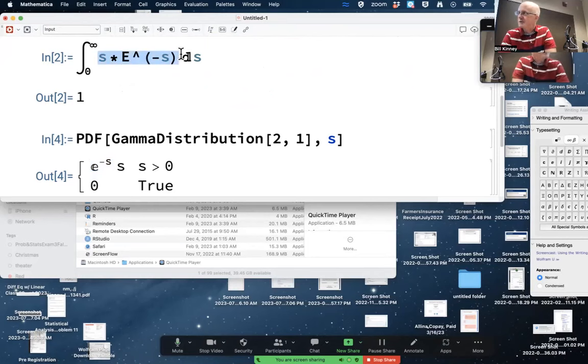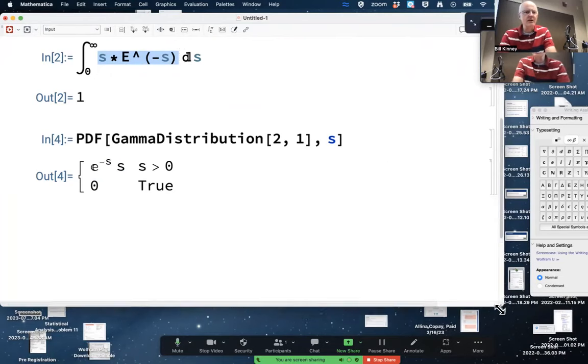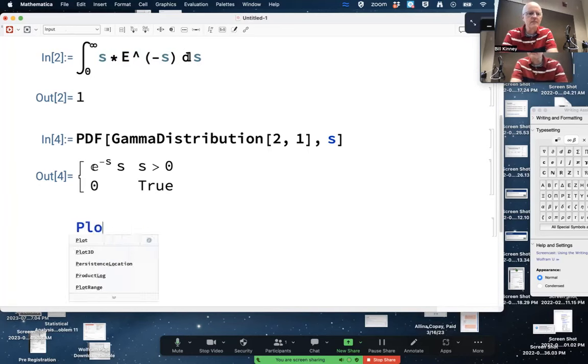It's a gamma distribution, not an exponential distribution. Exponentials have alpha equal to 1. Gamma distribution, alpha equal to 2, beta equal to 1, is the distribution of the sum of 2 exponential random variables. What does its PDF look like? What's the graph look like?